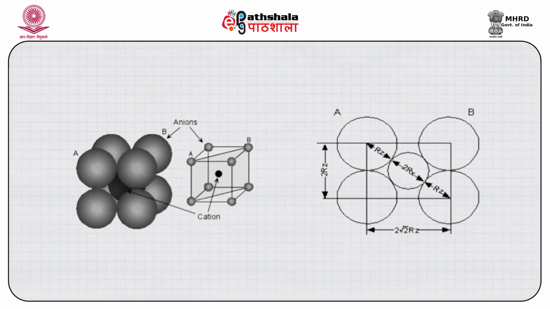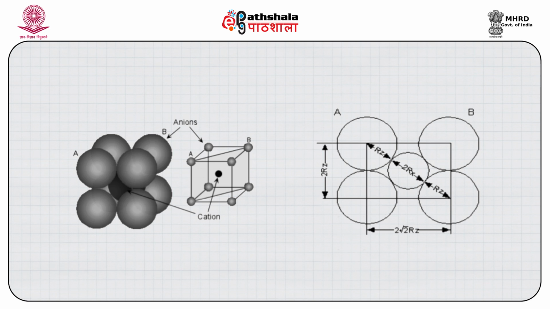For Rx by Rz less than 0.732, the cation will be too small, or we can consider that it will rattle at this side, and the structure will have to change to a lower coordination. So the radius ratio of the cation and anion determines how many-fold coordination, that is the environment around a cation, will occur.